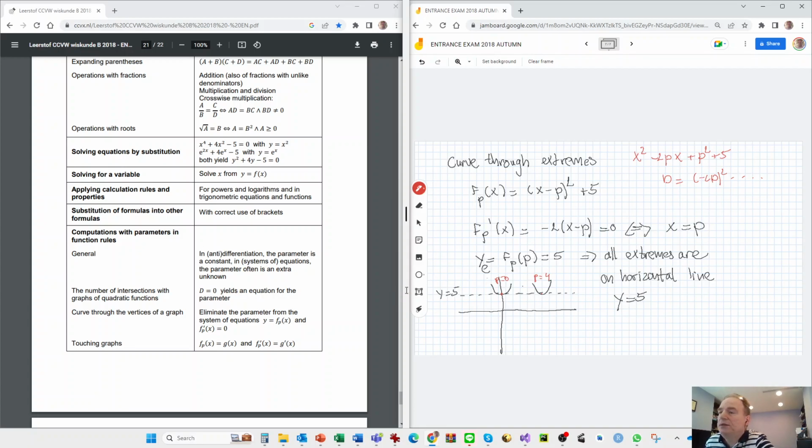And touching means that they intersect and have the same derivative. So let's say I have a function g that looks something like this, and that will touch it here. It means that you need to find for which p this function intersects with my function g and has the same slope.